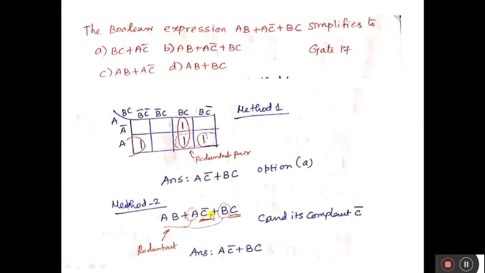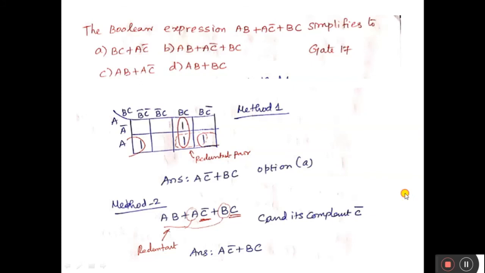So C, C bar, its nearby values B and A appeared here also. So this I can take as redundant. So directly I can write the answer AC bar plus BC. So the answer is option A, BC plus AC bar. You can solve any way.